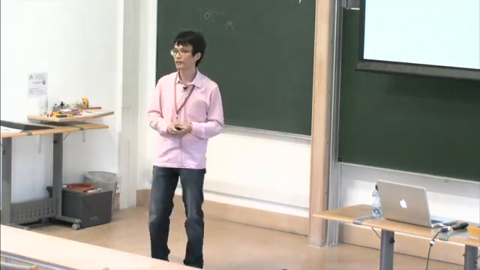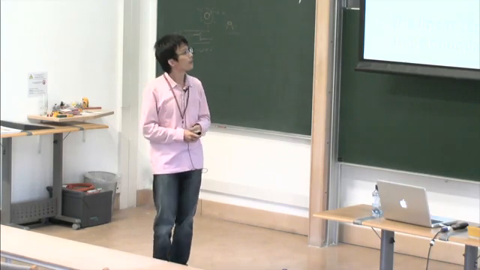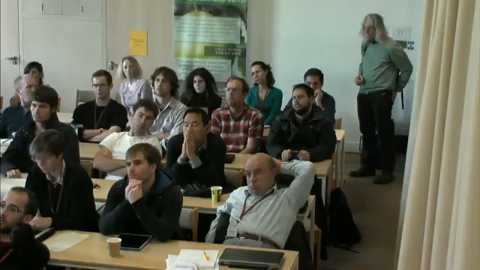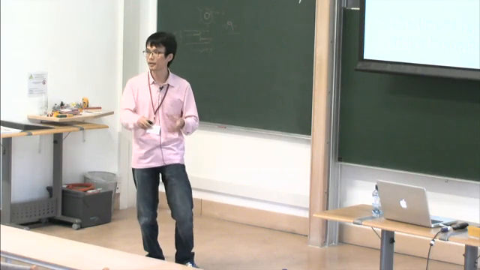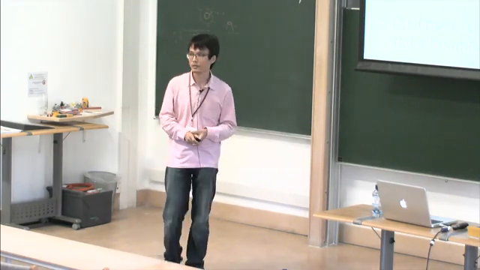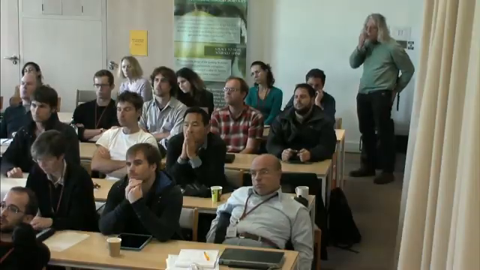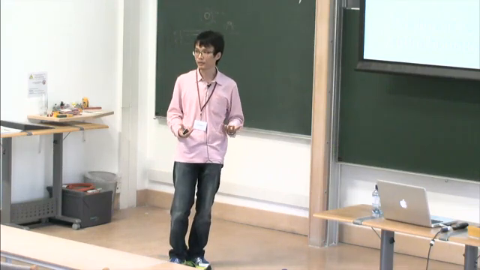You can rescale that purple box relative to the green box? Yes. Then the only degree of freedom that I am left with is the relative magnitude between pi squared and pi mu nu squared, by redefining. And this coefficient is not fixed by d-dimensional diffeomorphism invariance.